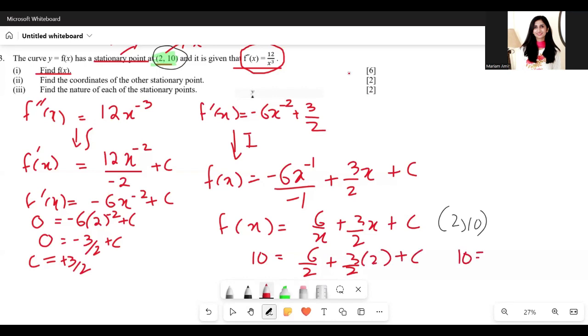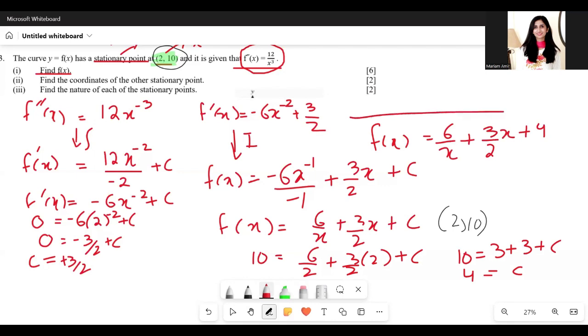So we're getting 10 equals 3 plus 3 plus c. c is coming out to be 4. So f(x) equals 6 upon x plus 3 by 2 x plus 4. This would be the final answer, the equation of the curve.